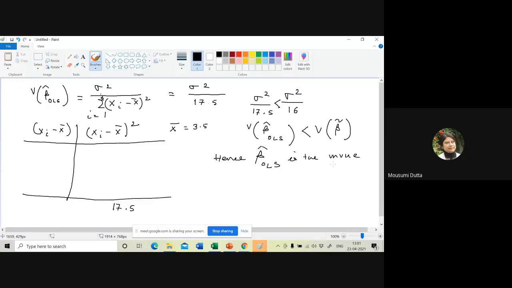The idea may be theoretical, so in different ways the question may come. The same thing we are doing here numerically: proposing an alternative estimator, checking its unbiasedness, then calculating the variance of the OLS estimator, comparing the two and coming to the final conclusion: beta hat OLS is the minimum variance unbiased estimator. Anyone, any question?